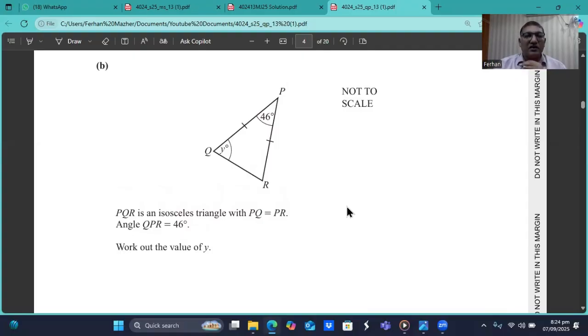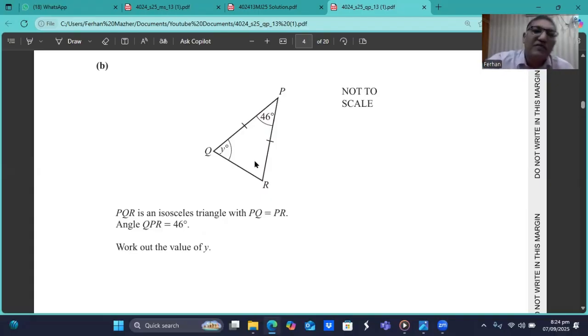Angle QPR is equal to 46. Work out the value of Y. Because this is an isosceles triangle, if this angle is Y, this angle will also be Y. In an isosceles triangle, the angles opposite to the equal sides are also equal to each other. They are called the base angles.